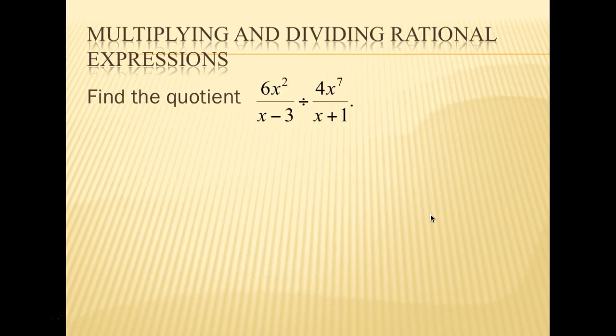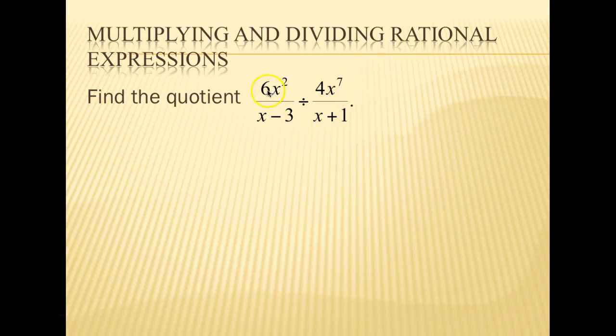To divide rational expressions is very similar to multiplying. There's only one additional step that must be done at the beginning. So anytime you divide fractions, that's the same as multiplying by the reciprocal of the second number. So if you notice, in this case, this is my second number.